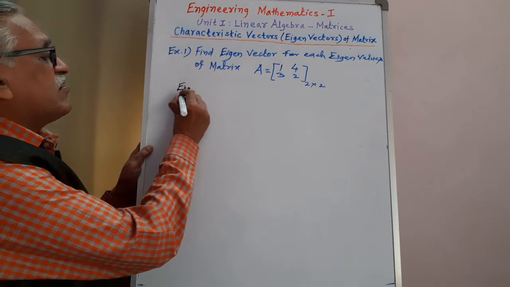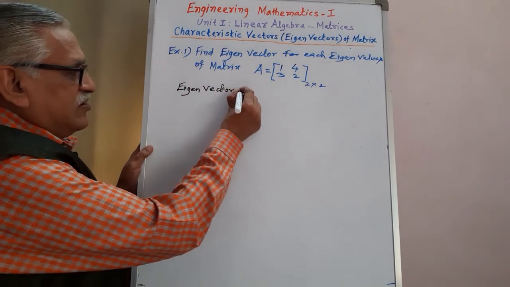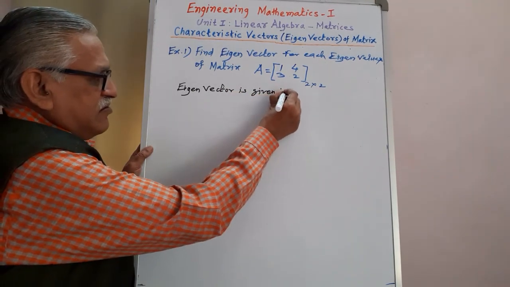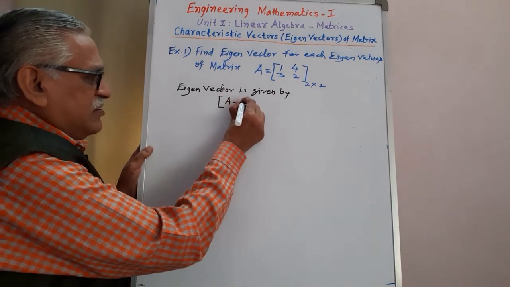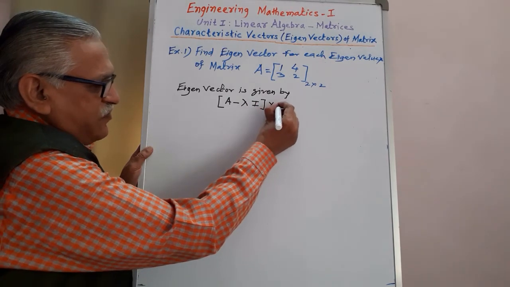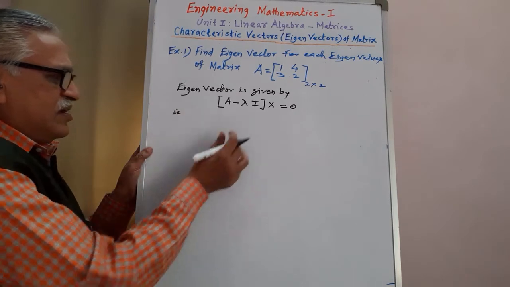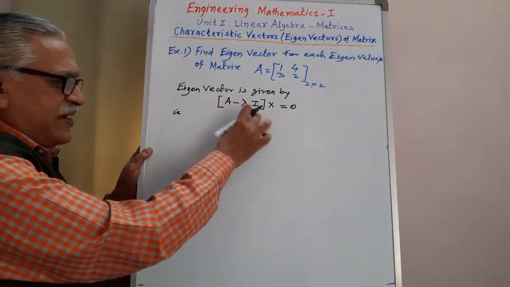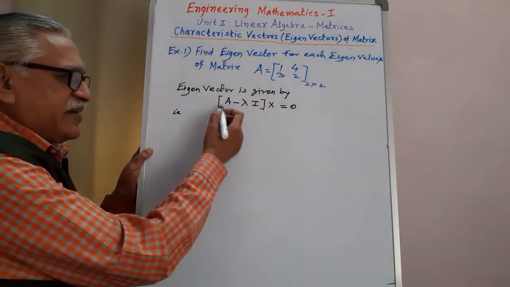Eigenvector is given by the matrix (A minus lambda I) into column matrix X equals 0. We write this matrix by converting that determinant to matrix form.